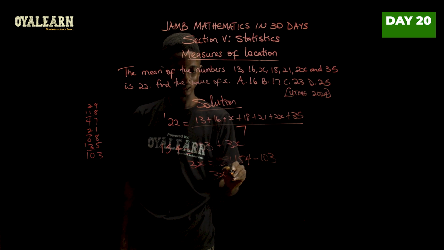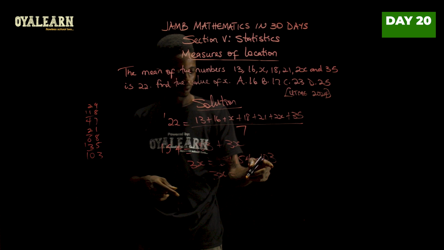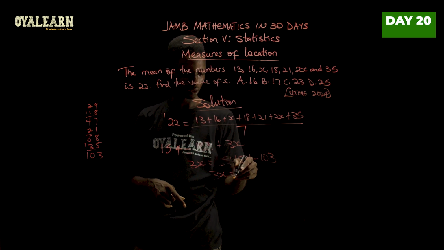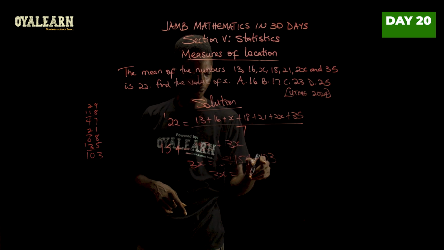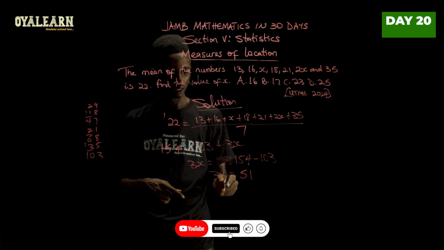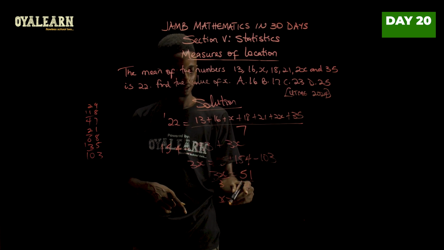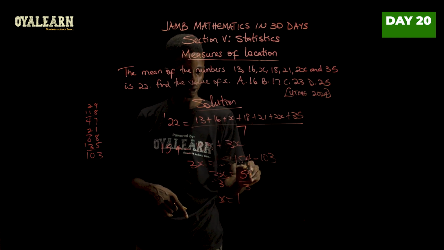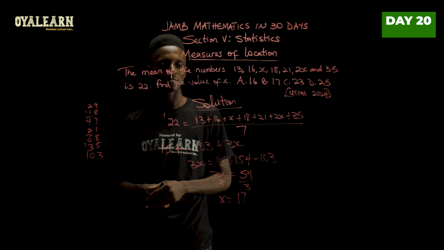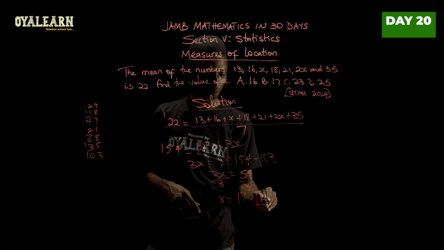So 3x equals, now the difference here is going to be 51. Divide both sides by 3, and then x is 3 in 5, that is 1, remainder 2, in 21, that's 7, so we have 17. The value of x is 17, so we pick option B.